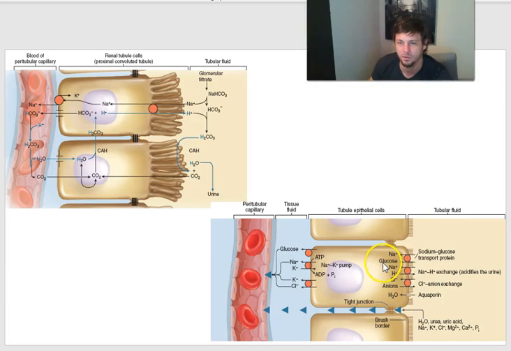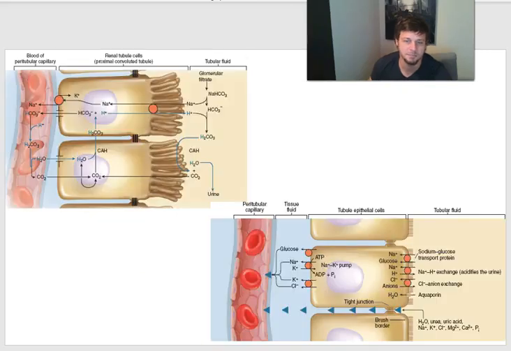Sodium helps for glucose to get retransported in, so you have this sodium-glucose transport, so you can reabsorb glucose, and then again sodium-potassium right here, pumping sodium out of the cell and potassium into the cell to go into this peritubular capillary.